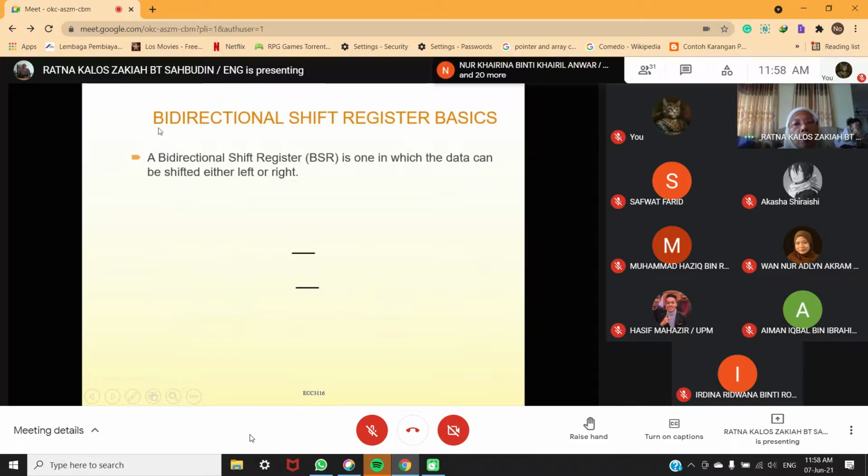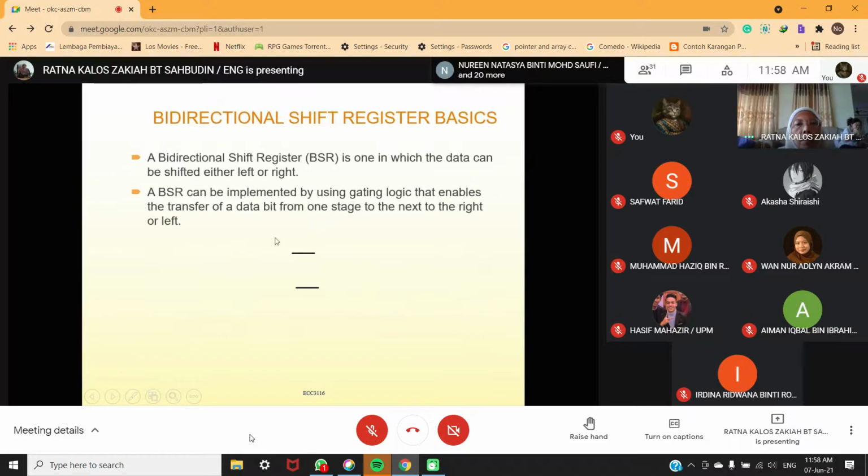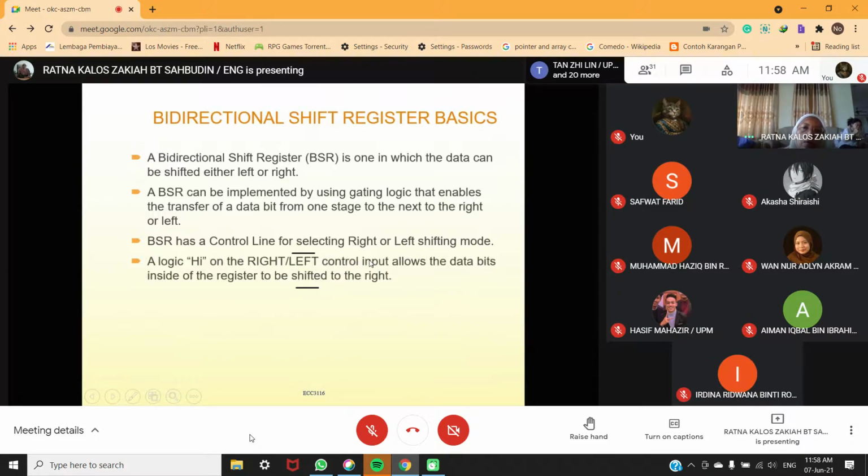The BSR can be implemented by using logic that enables the transfer of a data bit from one stage to the next, to the right or to the left. So the BSR has a control line for selecting right or left shifting mode.